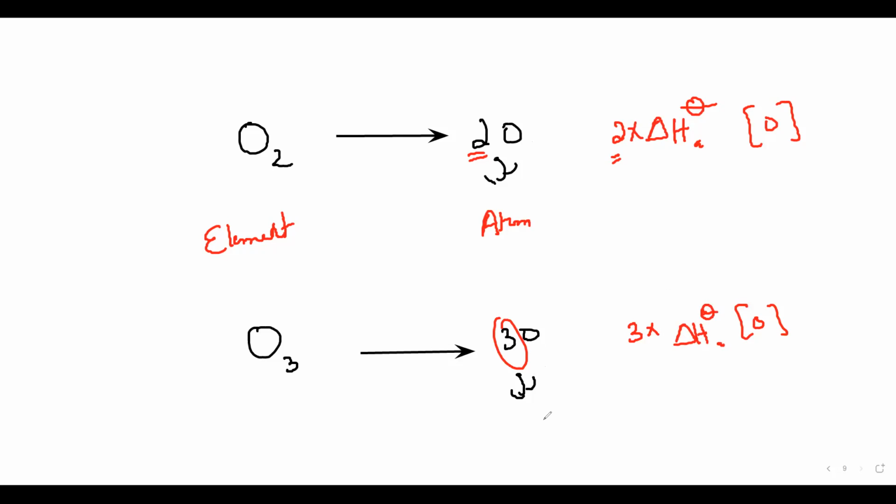If one atom is produced, it's not multiplied, it's simply the standard enthalpy change of atomization. But if 2 moles are there, then the enthalpy change is atomization times 2, and if 3 moles are there, atomization times 3.